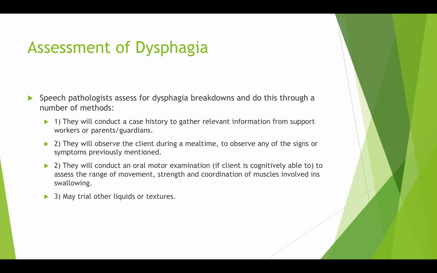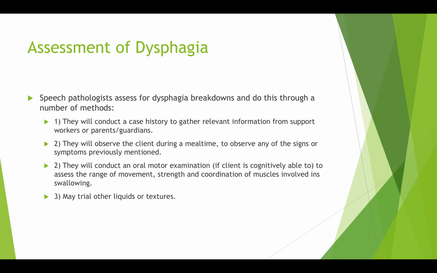Speech pathologists assess for dysphagia breakdowns and do this through a number of methods. They will conduct a case history to gather relevant information from support workers, parents, or guardians. Case history includes information on the client's background, such as their diagnosis, their age, who they live with, and their communication effectiveness. It can also include general observations that they note while they are conducting the assessment and case history, such as the individual's behaviour.